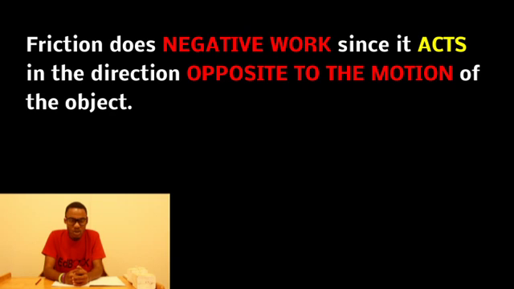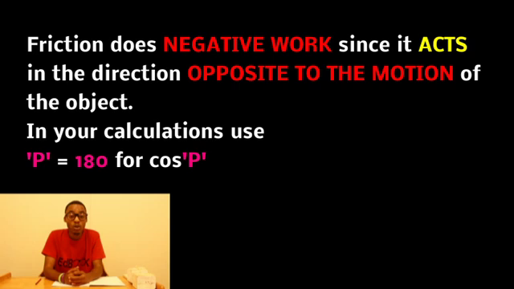As you will see in the problems that we will be doing in this video, it's not only friction that does negative work. There are also other types of forces that do negative work on an object. And we also concluded by saying that since friction does negative work on that object, in our calculations we use the cos of 180 degrees.